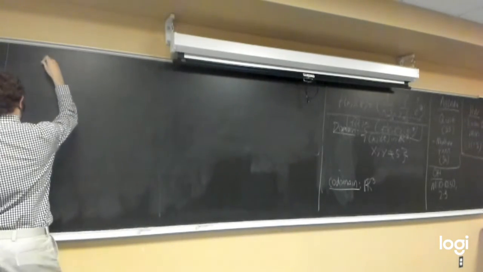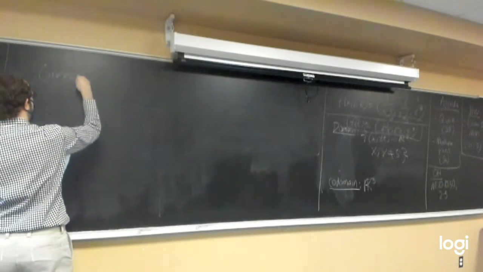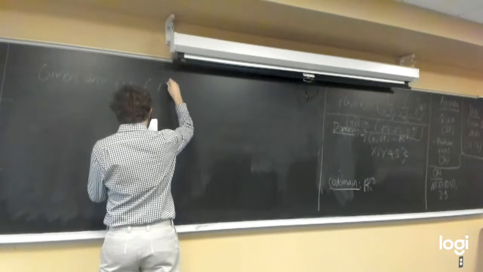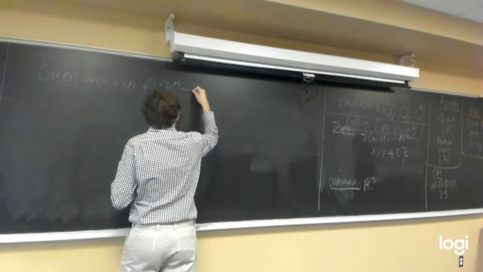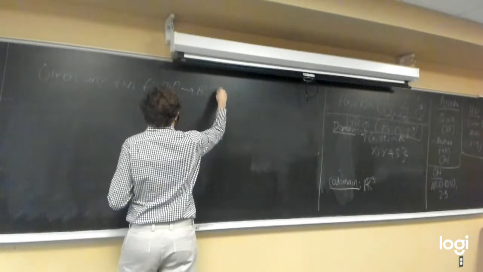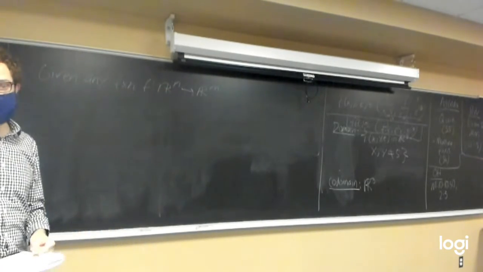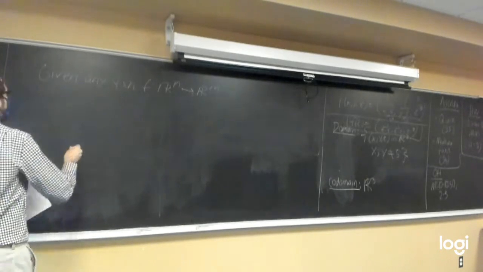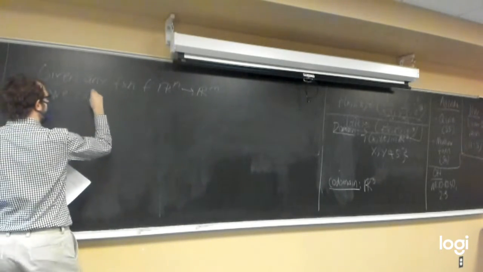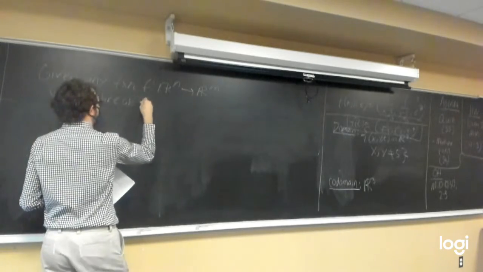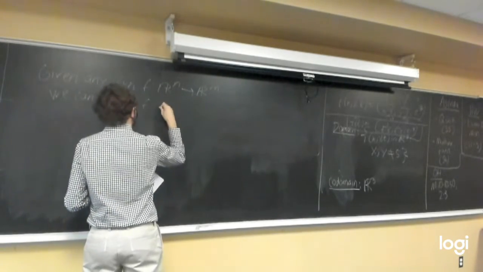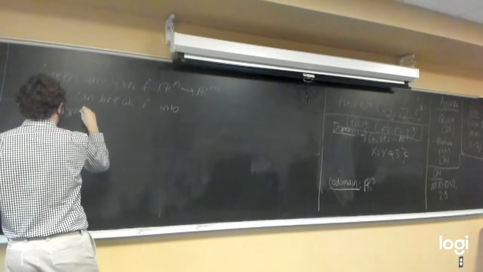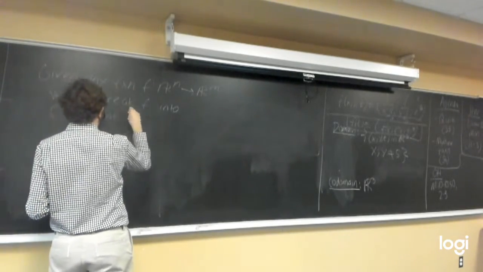In general, given any function f that takes in values in Rn and spits out vectors in Rm, so it takes in n-dimensional vectors and spits out m-dimensional vectors as outputs, we can break f up into smaller functions. These smaller functions we're going to call its component functions.